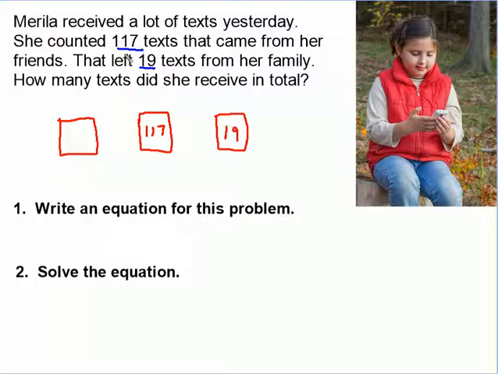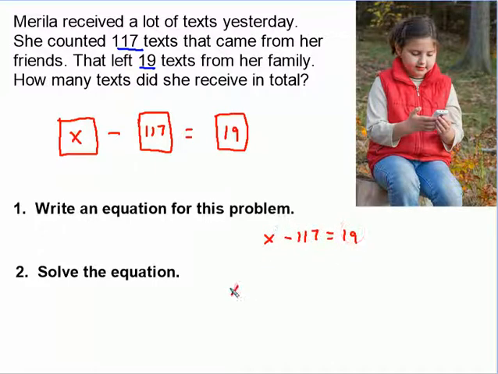Now, the fact that it says that it left 19 texts indicates that we're taking something away from. So what we can do is subtract that right there. And that's going to be equal to 19. So there were some number of texts minus 117 from her friends gave 19 from her family. We'll replace that with an x, and we'll have our equation. So x minus 117 is equal to 19.